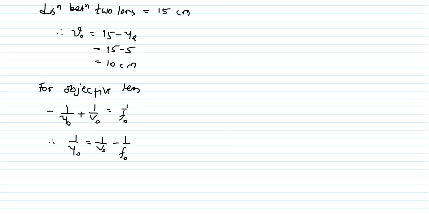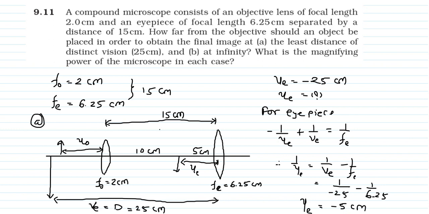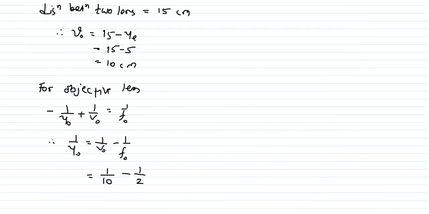Okay, now substitute the value, that is 1 upon 10 minus 1 upon 2. Focal length for objective is 2 centimeter. FO is 2 centimeter. It is given, right? That's why we use it. Okay. So when you solve this, that is what, -2 upon 5, that is 1 upon U naught. Therefore U naught, that is minus 2.5 centimeter.